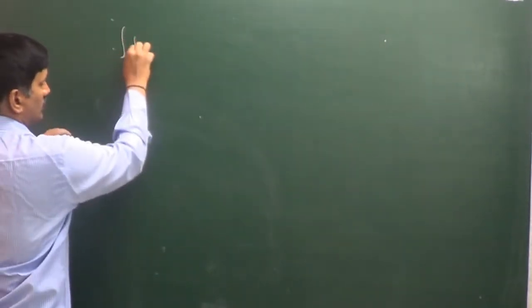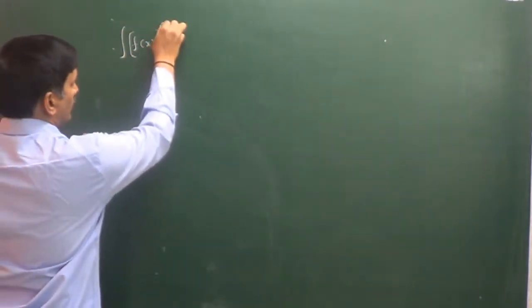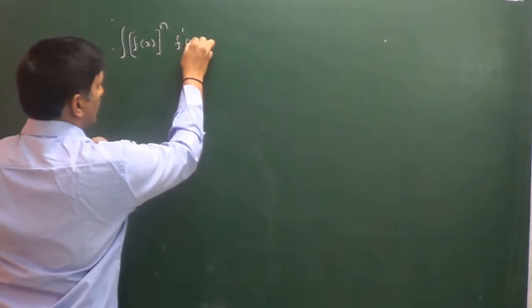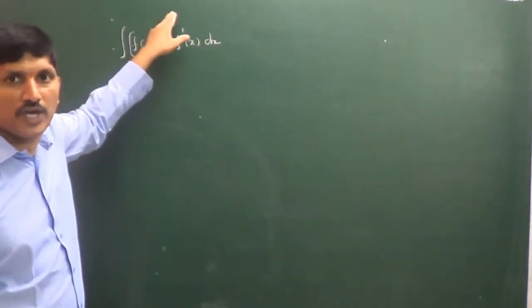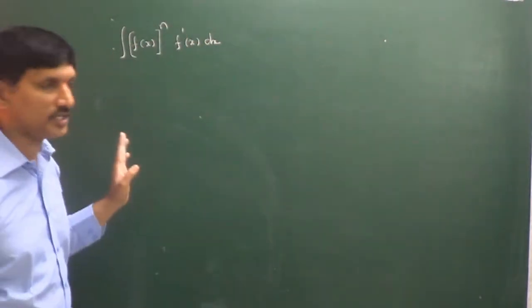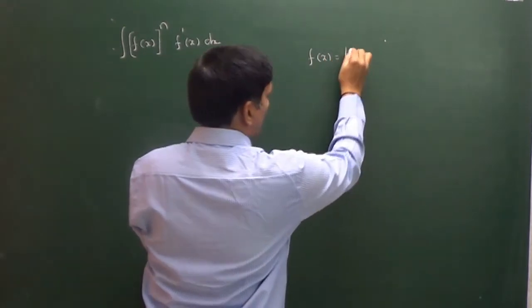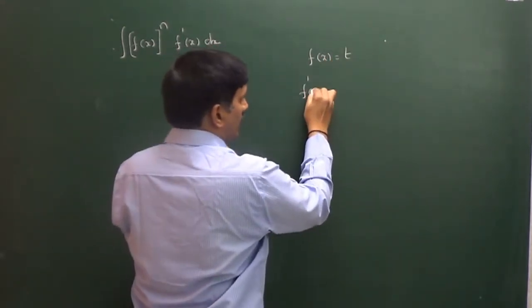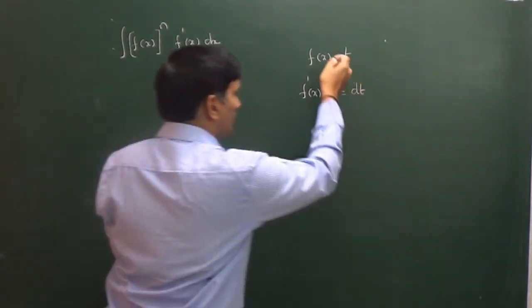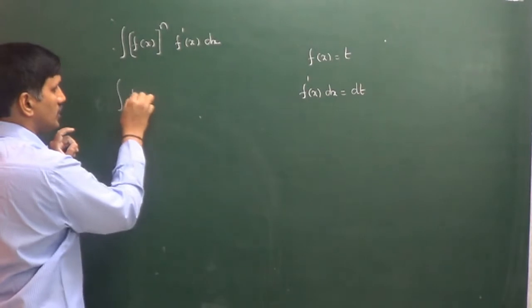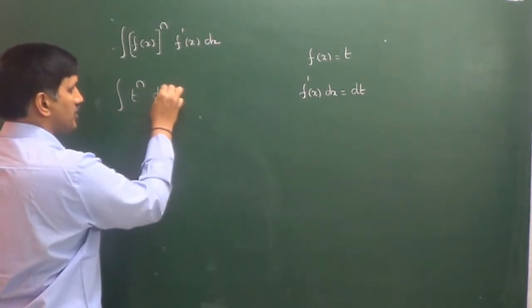Next you can see another one: f of x whole to the power of n into f dash of x dx. Here we consider f of x equals t. Its differentiation, f dash of x into dx, equals dt. Because of that substitution, the question changes to t power n dt.